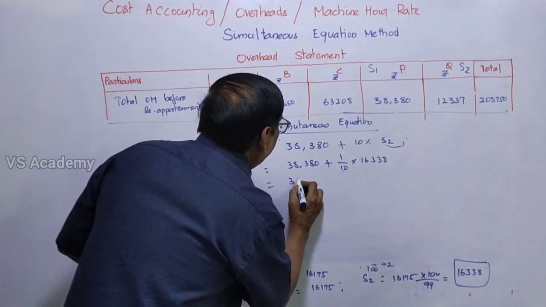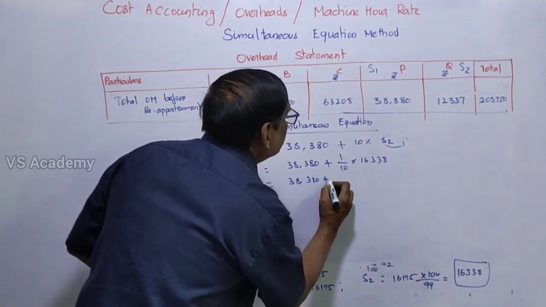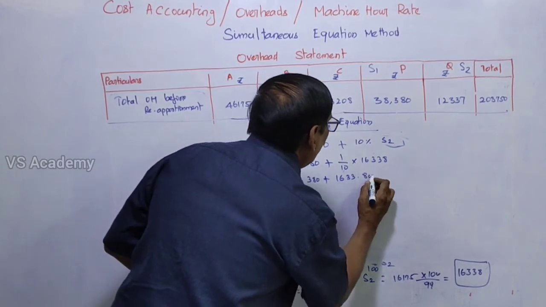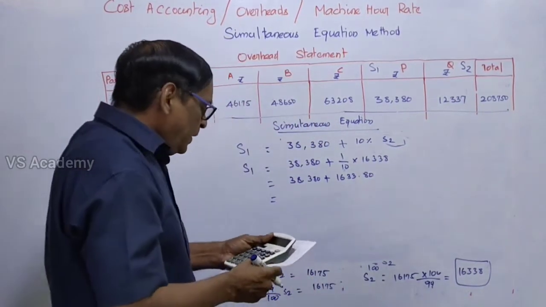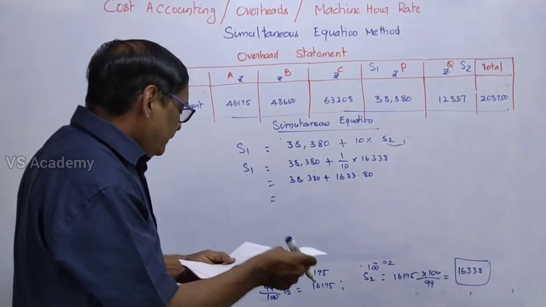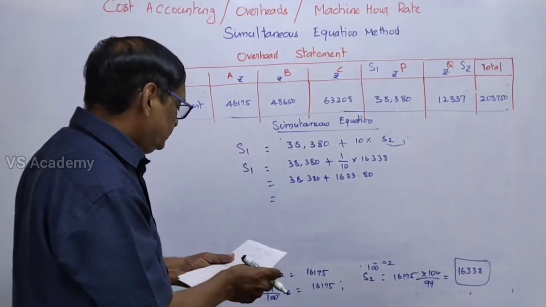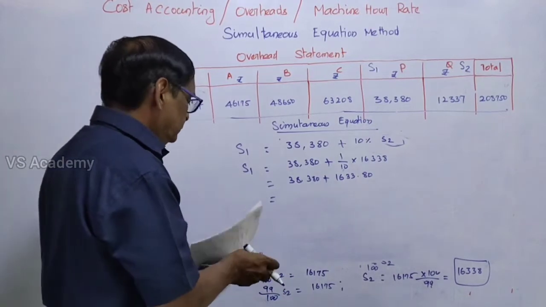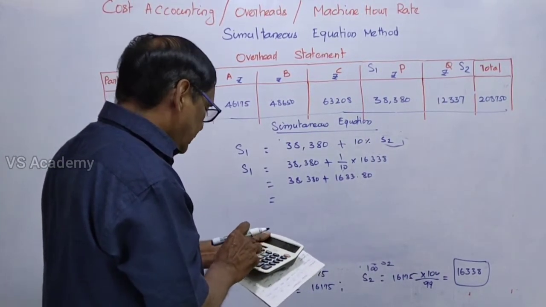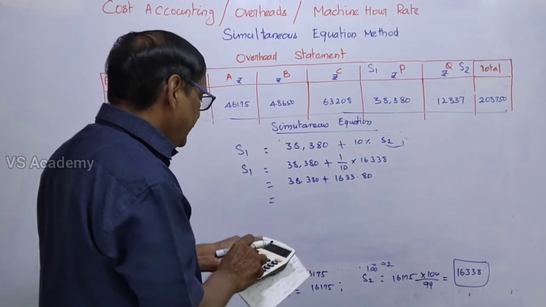If we solve, so 38,380 plus 1,633.80. So what will be the S1 value? The S1 value will be 38,380 plus 1,633.8.